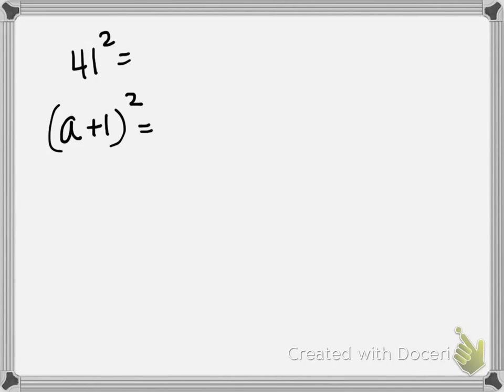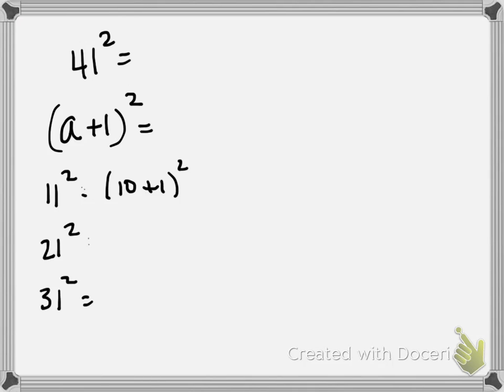So let's say we wanted 11 squared, 21 squared, and 31 squared. Okay, now the only one I know off the top of my head is 11 squared, but I know that 11 is the same as 10 plus 1.